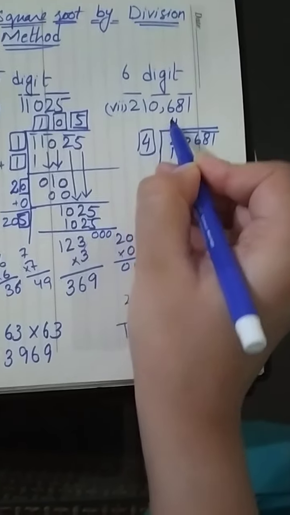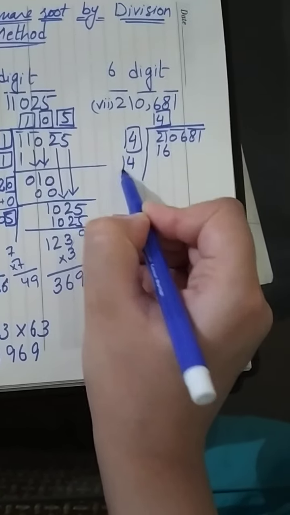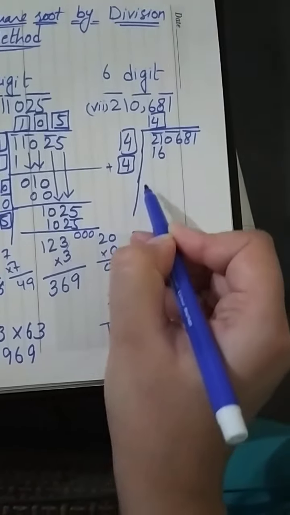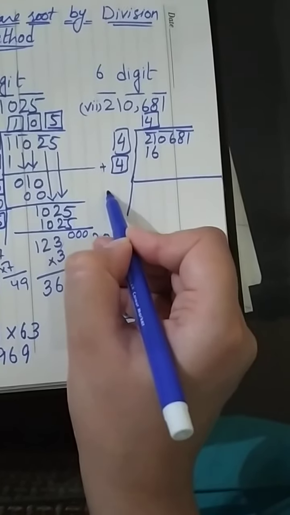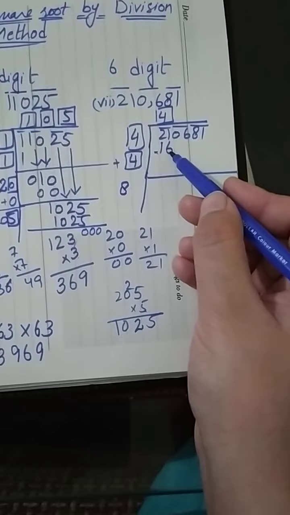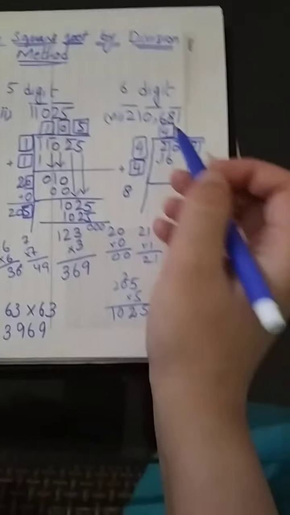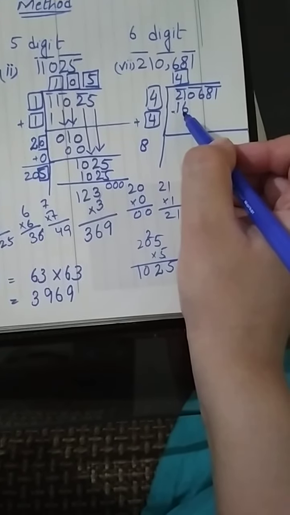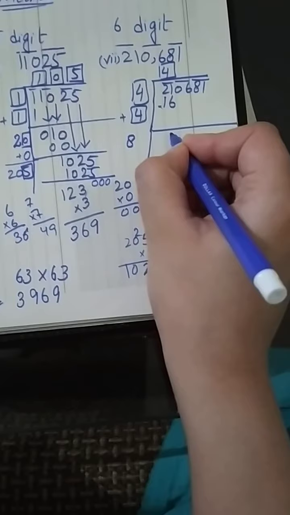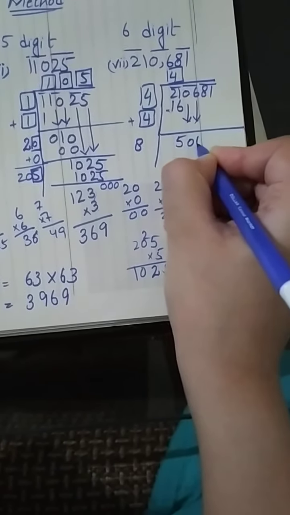The next step is to add the quotient to the divisor, so 4 plus 4 is 8. Subtract these two numbers: 21 minus 16, you will get 5. Move the next pair down, 506.